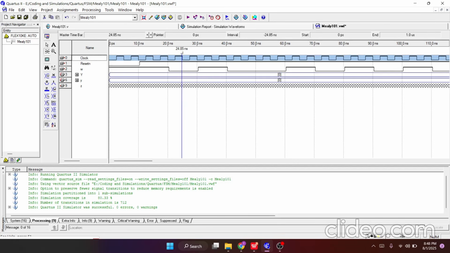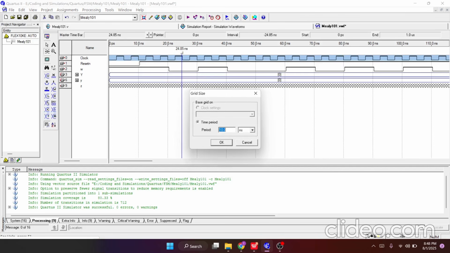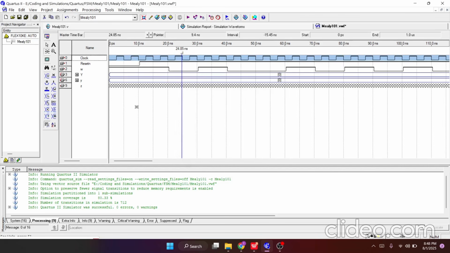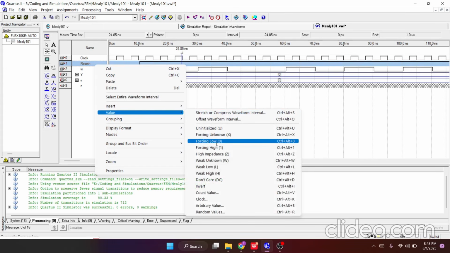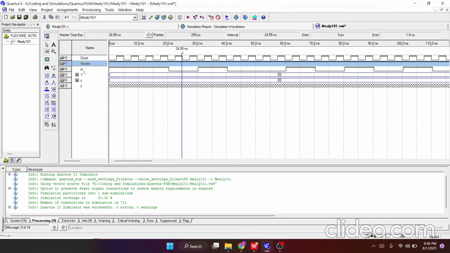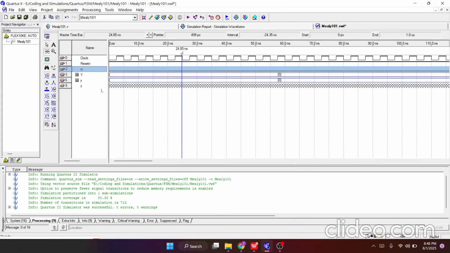So what we can do, we can go to Edit, then Grid Size, and change the grid size to 5. Now let me force high, force low to set the values again.